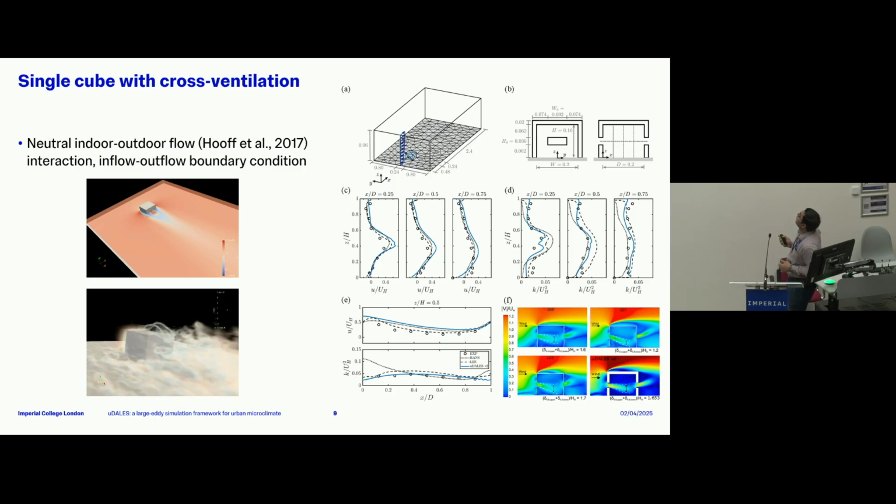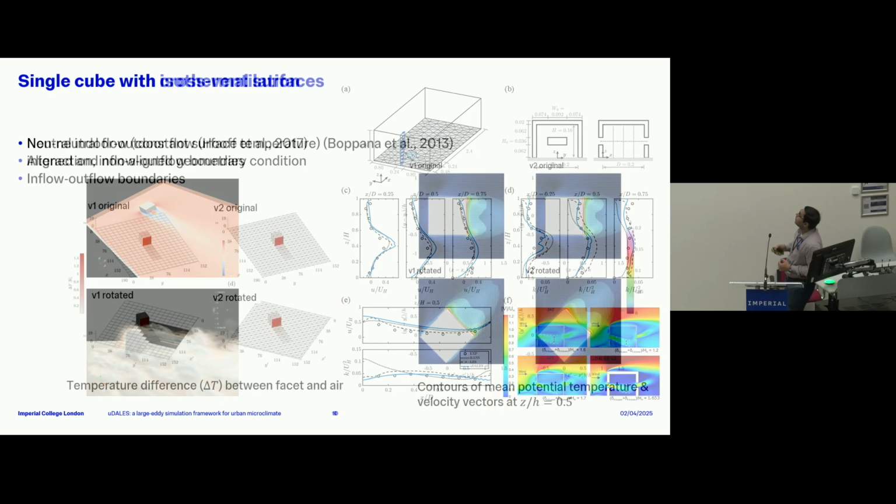And here we are showing again the velocity profile and kinetic energy profile at different locations within the building. And again, the results are in very good agreement with literature, even for the inflow jet that is going inside through the window and its width. In both situations, it is able to capture all these physics very accurately.